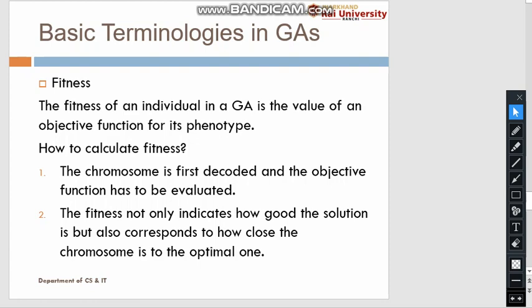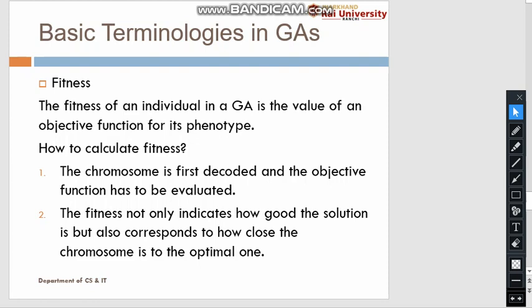The chromosome is first decoded and then the objective function has to be evaluated. The fitness not only indicates how good the solution is, but also how near the chromosome is to the optimal one. So first we have to decode the chromosome.